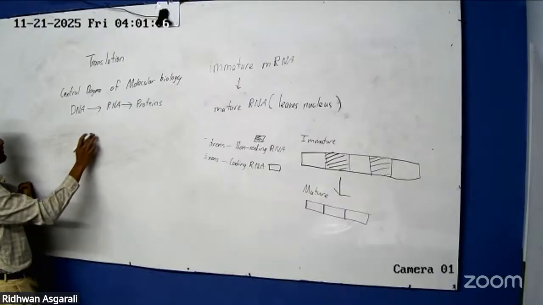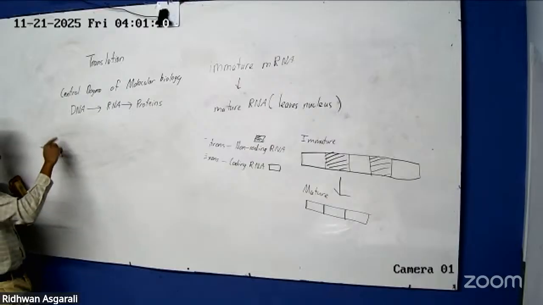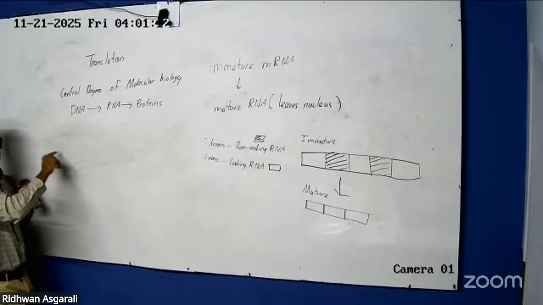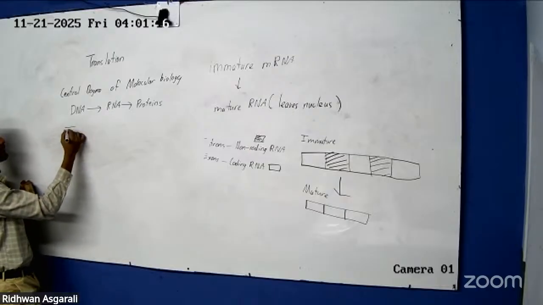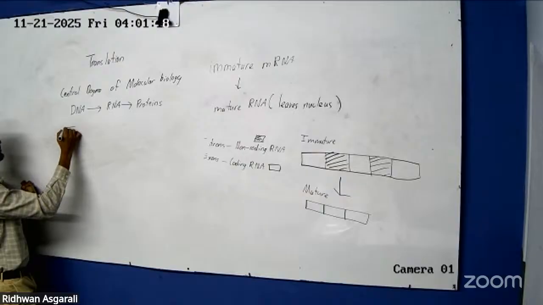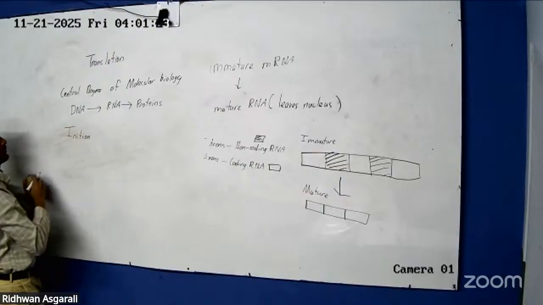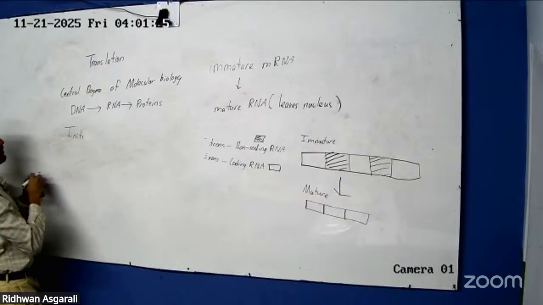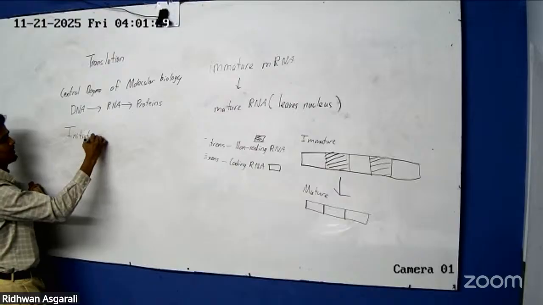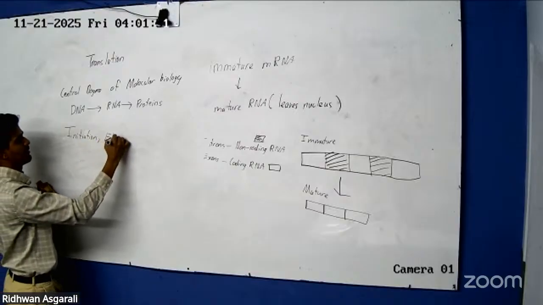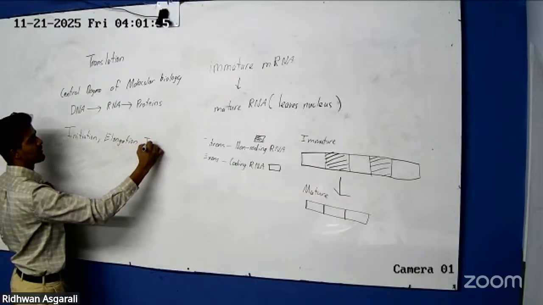Just like in transcription, there are three processes in translation. Anybody want to name those three steps? The same exact steps, which makes it easy to remember. Initiation, elongation, and then termination.